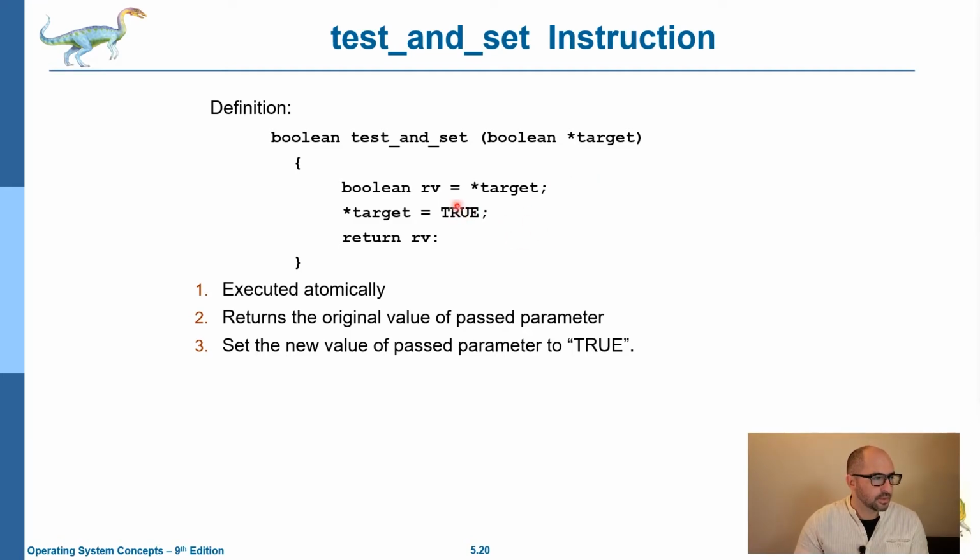So the first thing that we do in our atomic instruction, meaning this cannot be interrupted, that it cannot be scheduled out by any scheduler trying to preempt, is that once this instruction starts, the whole thing completes before anything else can take place on the processor. So it stores the value of the target to a local value, sets the target to true, and then returns the target's initial value.